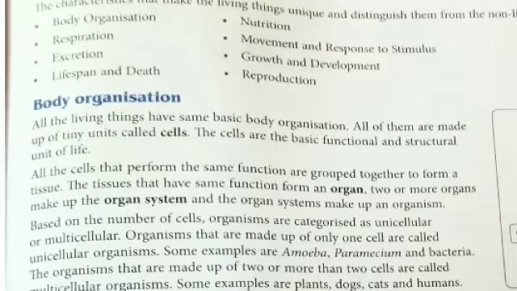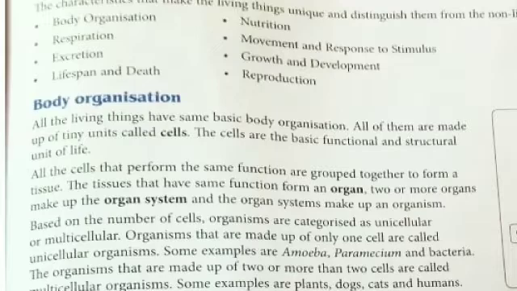Cells are, this is the definition, the basic functional and structural unit of life. Means function-wise and structure-wise, it is the basic unit of life, which we lack in non-living things. All the cells that perform the same function are grouped together and form a tissue.